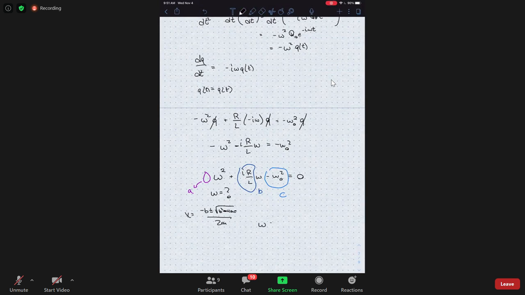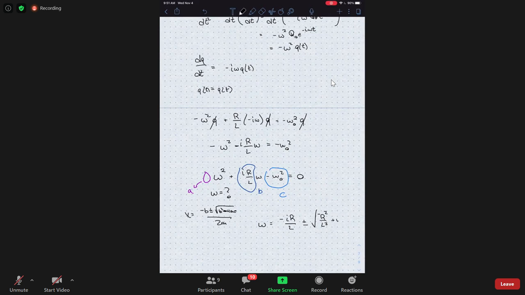So omega is equal to minus b, so this is minus i R over L, plus or minus the square root of b squared. So b squared is minus R squared over L squared, and minus 4ac. So a is 1, c is negative omega naught squared.